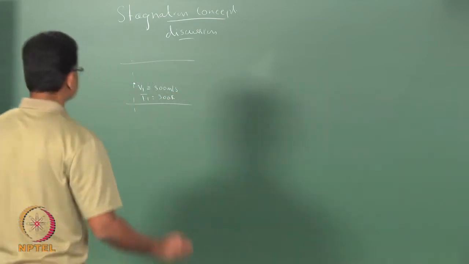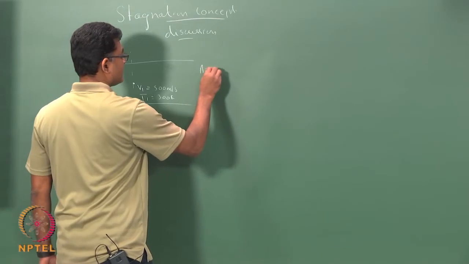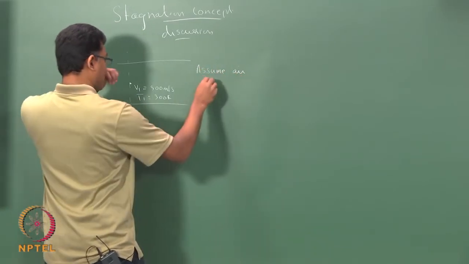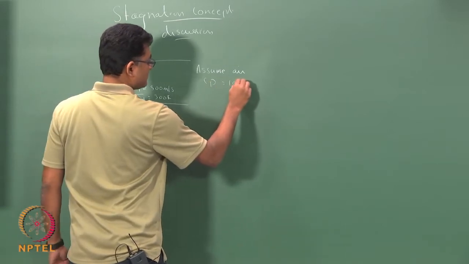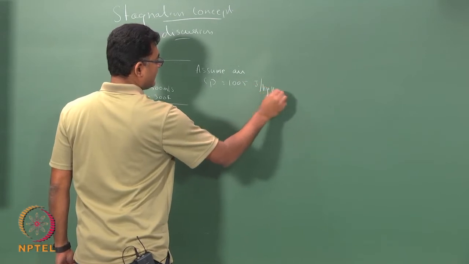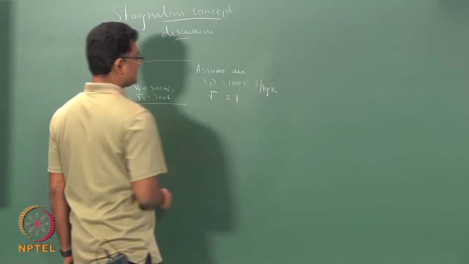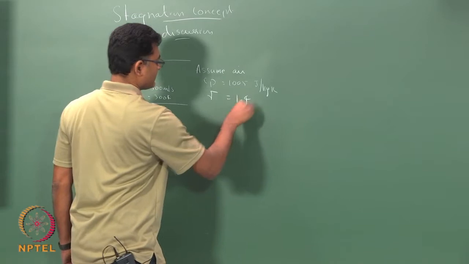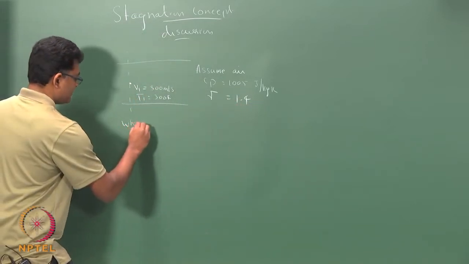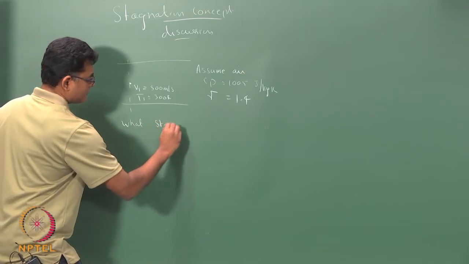Assume air. Cp is 1005 joule per kg Kelvin, gamma is 1.4. So, what is the stagnation temperature?